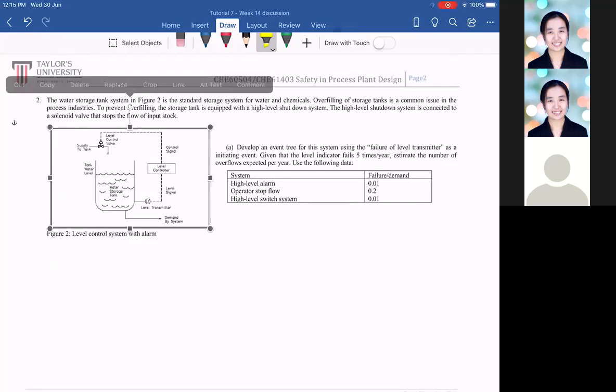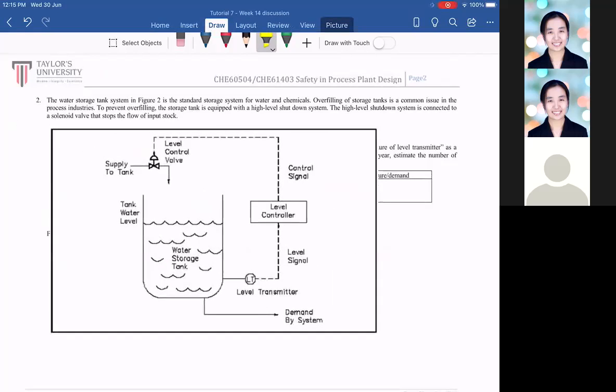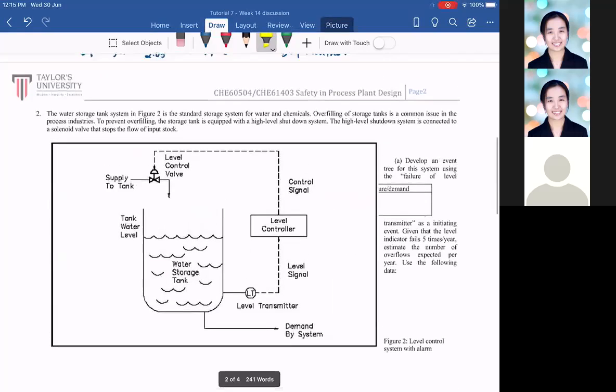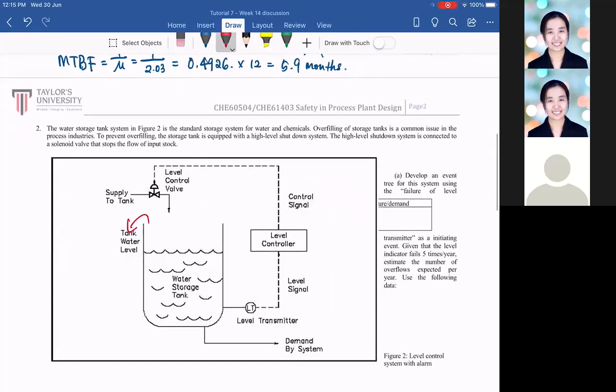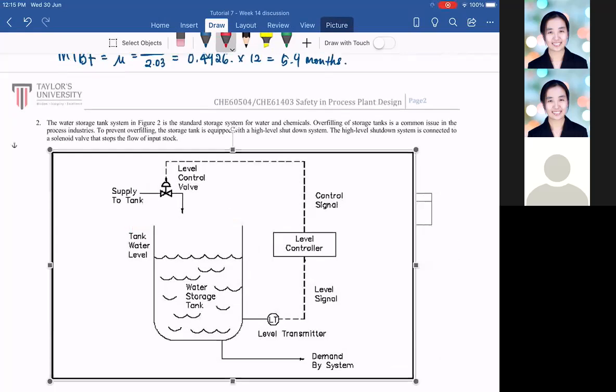To prevent it from overflowing, we have a level sensor, which we call a level transmitter, that goes to a level controller. When it hits the maximum here, it will turn off the valve. As simple as that.